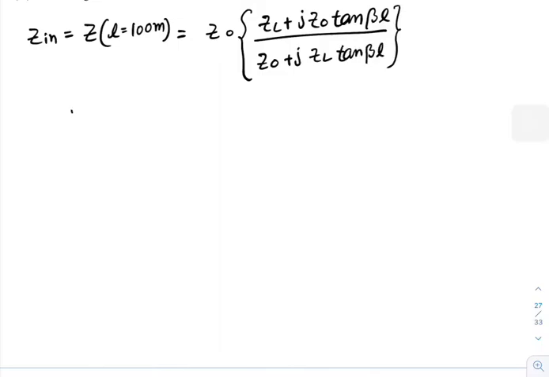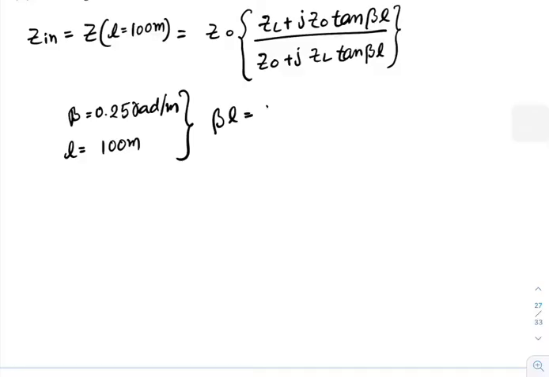In our case, the beta value is 0.25 radians per meter and L is 100 meters. Therefore, beta L equal to 0.25 into 100, that is equal to 25 radians.